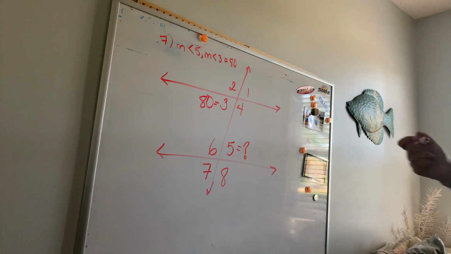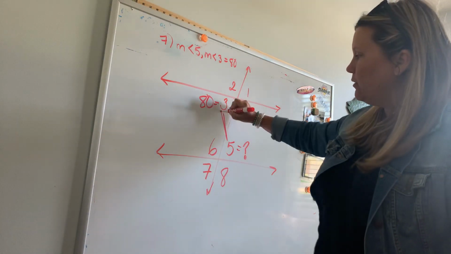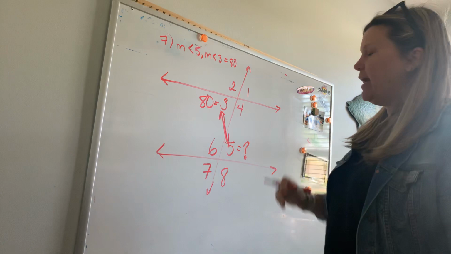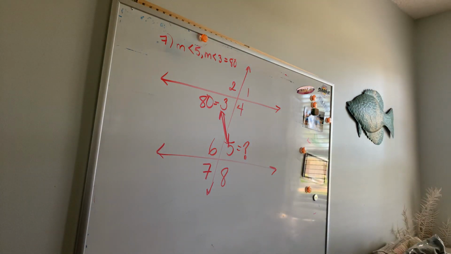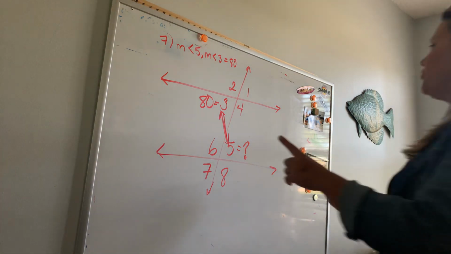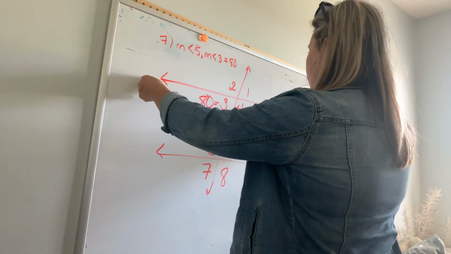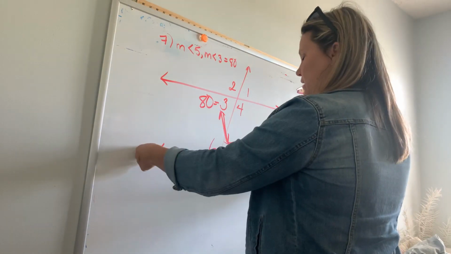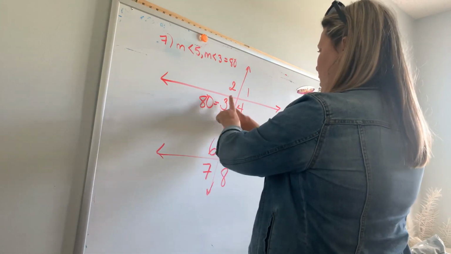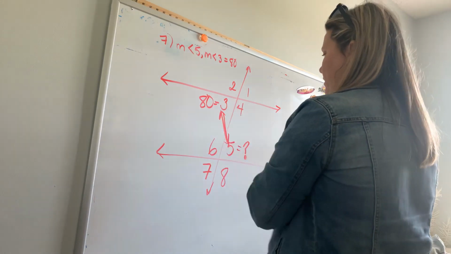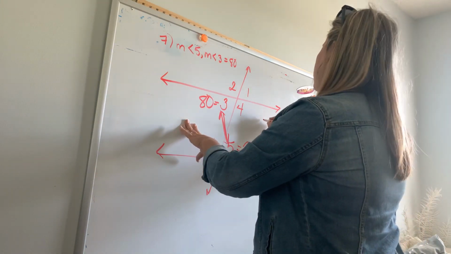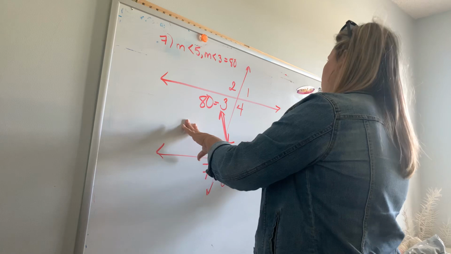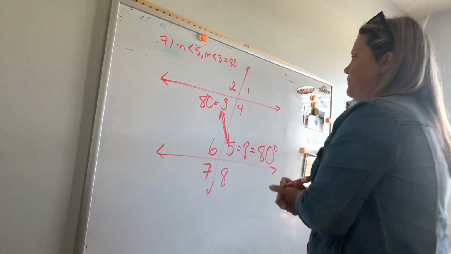So, based on the alternate interior angles, they are the same. Alternate interior, remember, means interior, we're looking on the insides. They're opposite of the transversal, so that means they are the same. So this would also be 80 degrees.